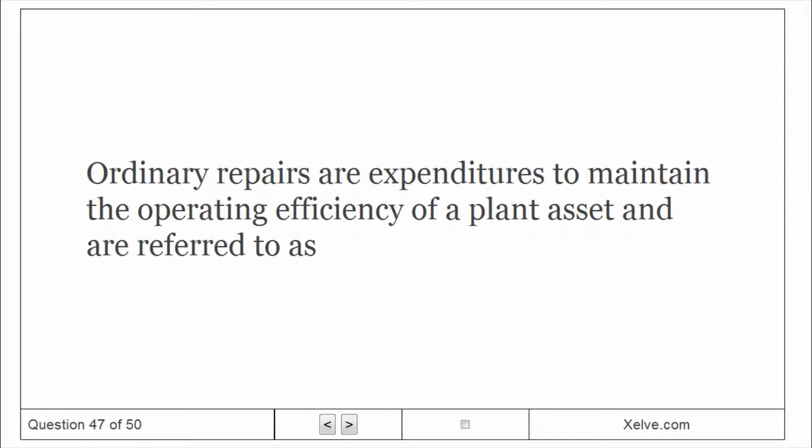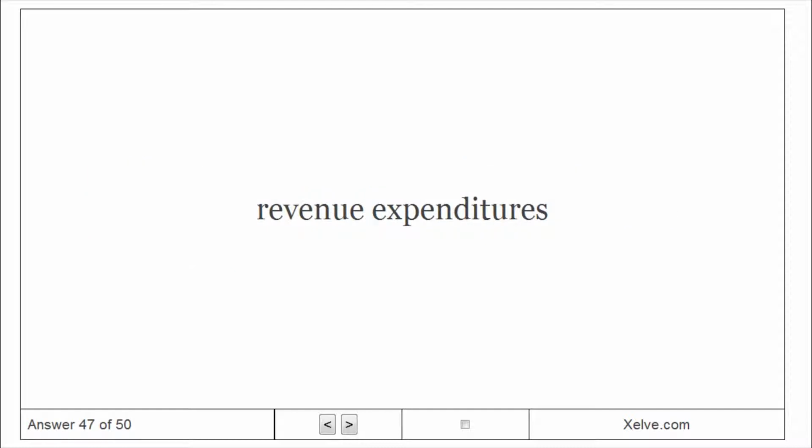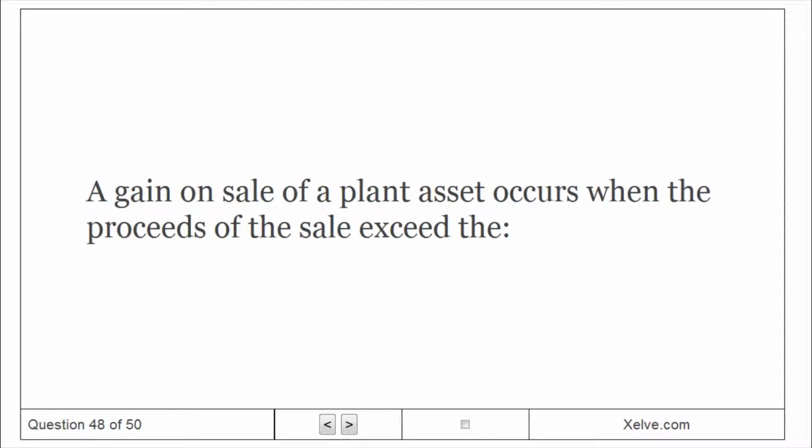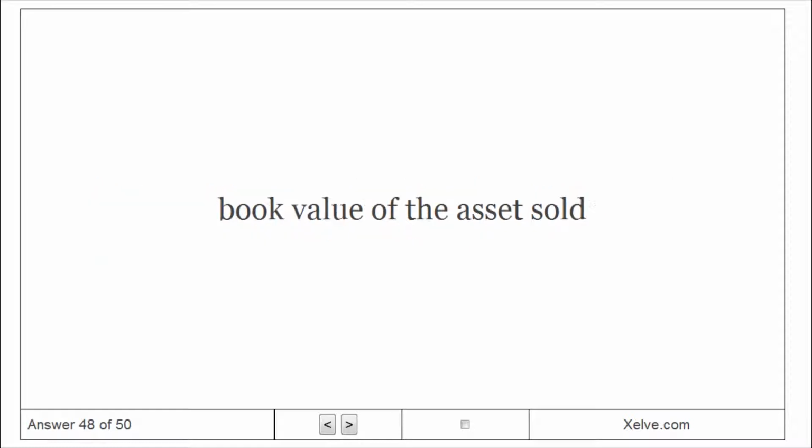Ordinary repairs are expenditures to maintain the operating efficiency of a plant asset and are referred to as revenue expenditures. A gain on sale of a plant asset occurs when the proceeds of the sale exceed the book value of the asset sold.